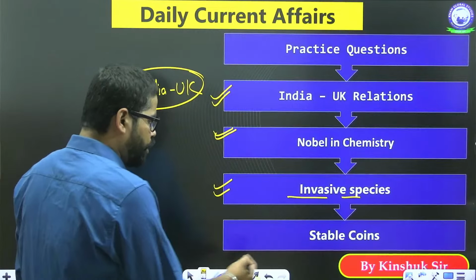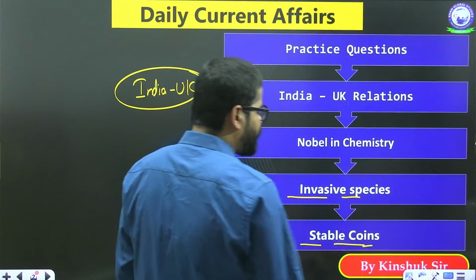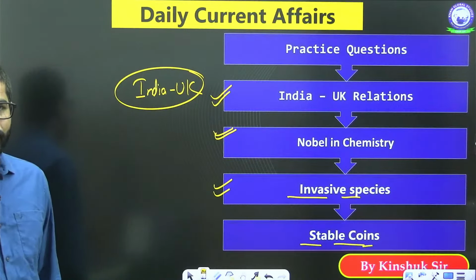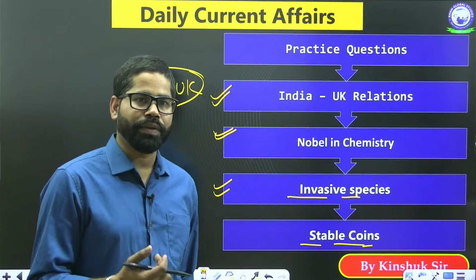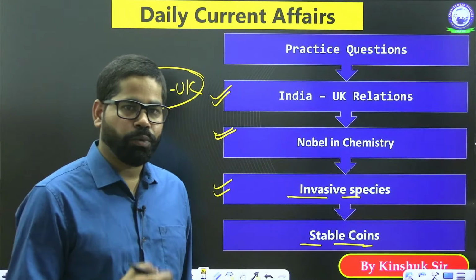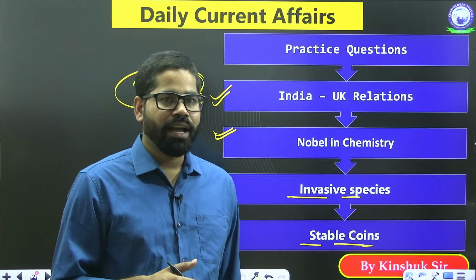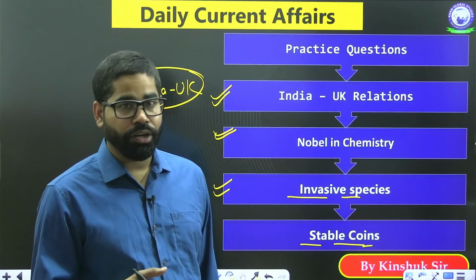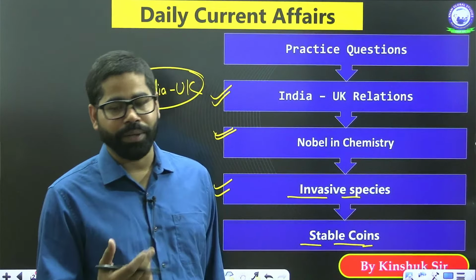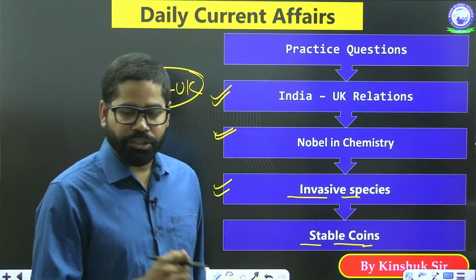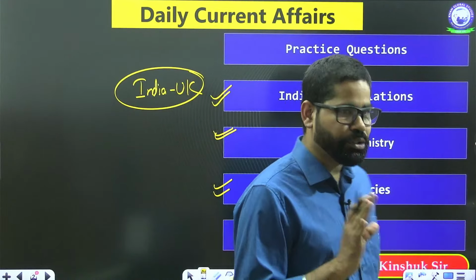The fourth topic is stable coins. We could not discuss it last day, so today we will discuss what stable coins are, what the global regulations for this are, and what the condition is with respect to India. These are the topics for today's session.